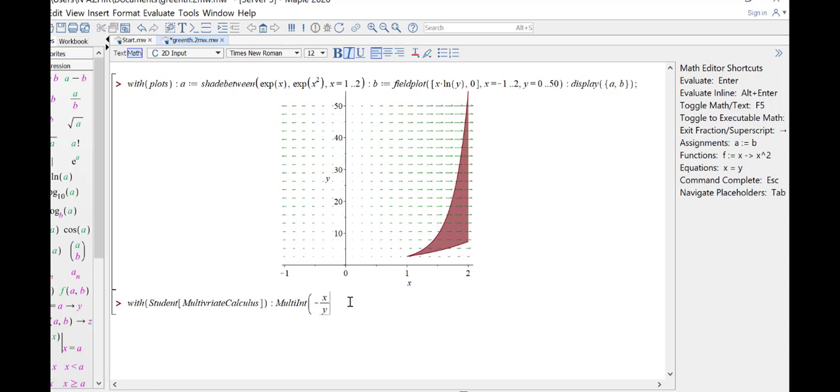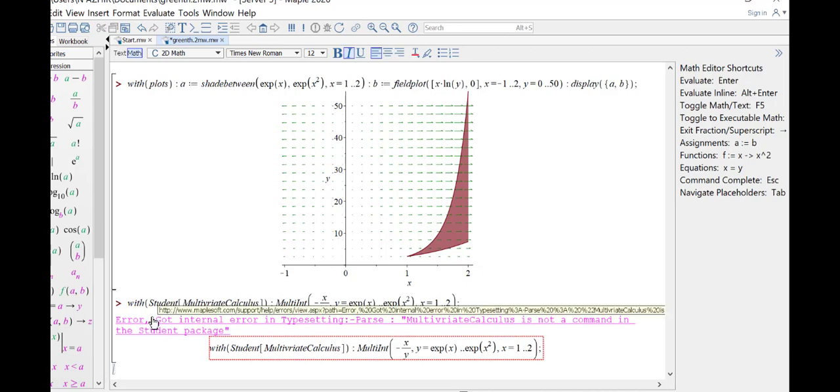This we want to integrate according to Green's theorem over the region where y is between e to the power x and e to the power x squared, and x changes from 1 till 2.